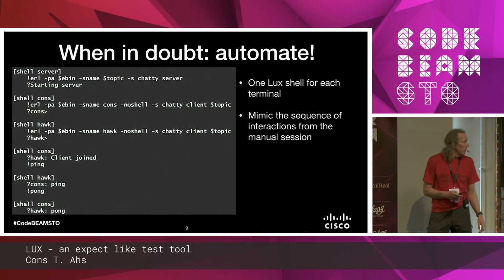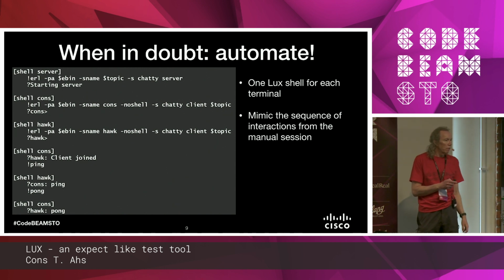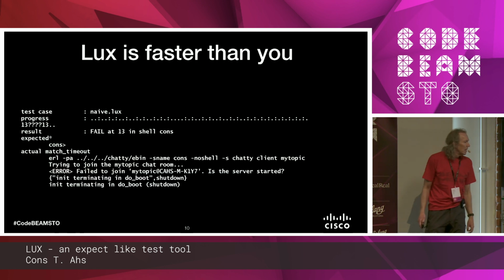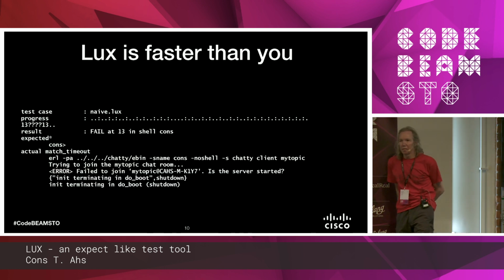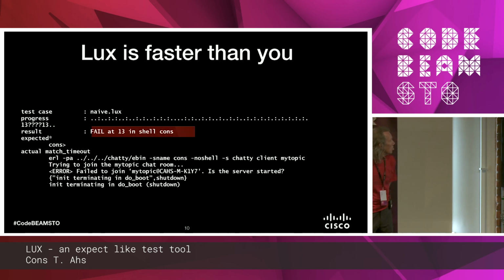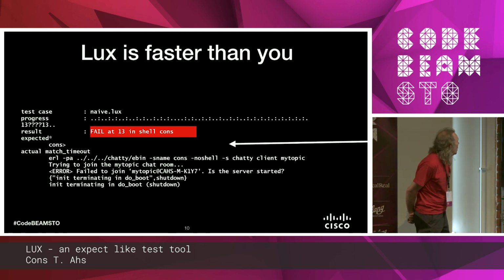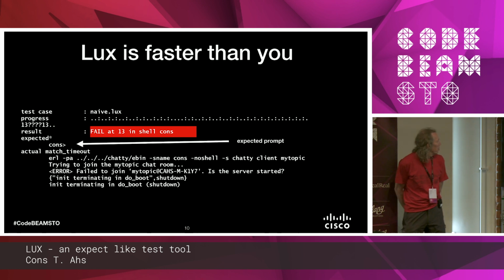So we then feed this to LUX. And LUX will not be too happy about this, because it failed. We were expecting a prompt, but didn't see it. Instead, in the shell, we got an error message.